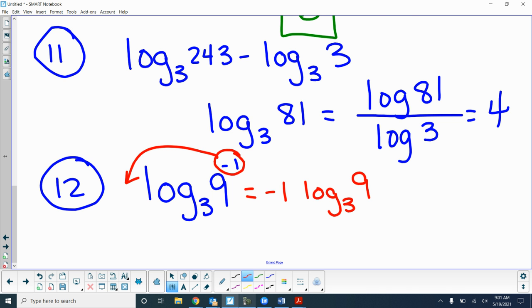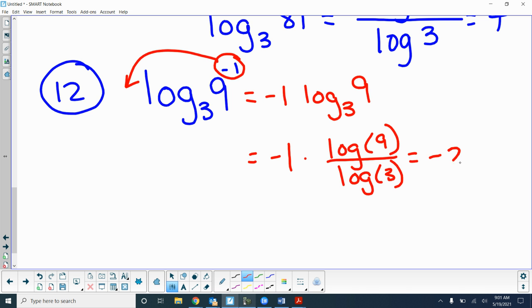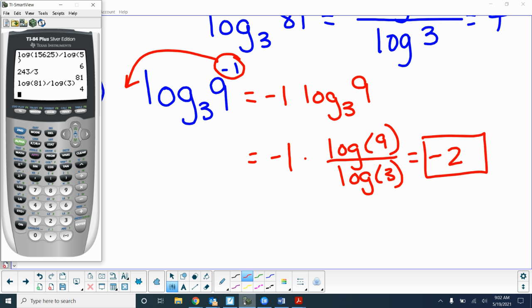Which means I change the base: negative 1 times log of 9 over log of 3, which equals negative 2. Watch. All right, log 9, close it up, divided by log 3, close it up, and times negative 1. Okay?